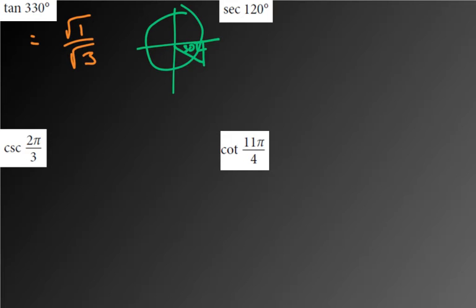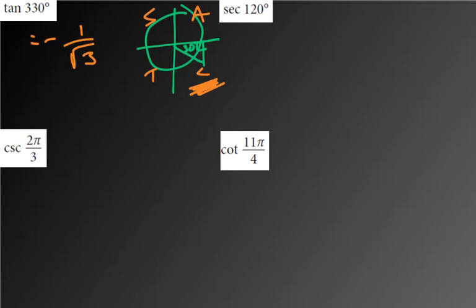And then the only thing you've got to think about is the all students take calc thing. So we can see that only cosine's positive there, so it's negative. And of course, we don't really need the square root of 1. So that's all you've got to do for tangent, okay?